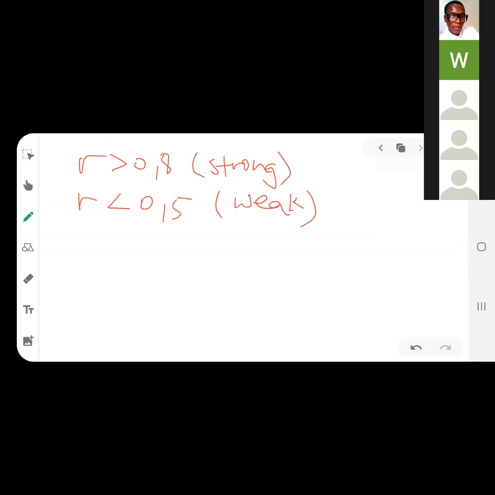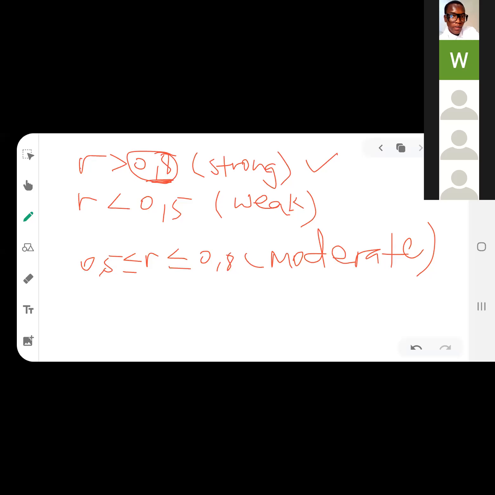So if R is between 0.8 and 0.5, both inclusive, it means there is a moderate relationship. Remember, in the first scenario here, 0.8 is not included, meaning that if the value of R is greater than 0.8, it might be 0.9 or 1, it means that the relationship is very strong.